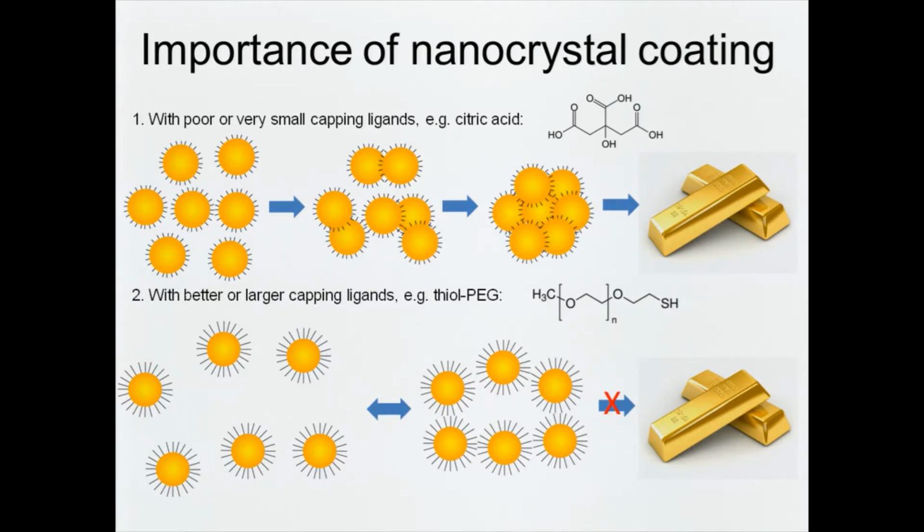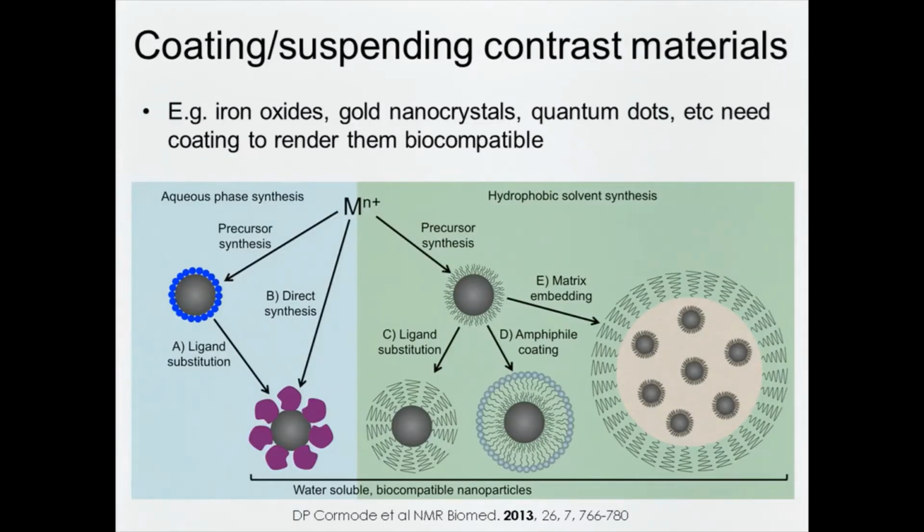And so if you apply a large capping ligand, such as a thiol PEG, a polyethylene glycol with a thiol group at the end here, that thiol group will adhere to the gold surface, and in PBS, in blood, in biological media, these particles remain dispersed. And there are really many ways to go about this.